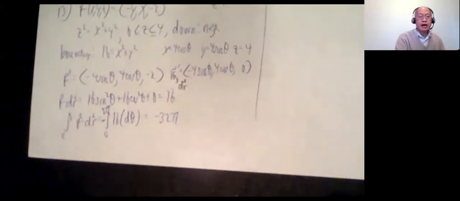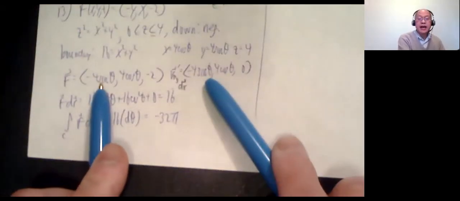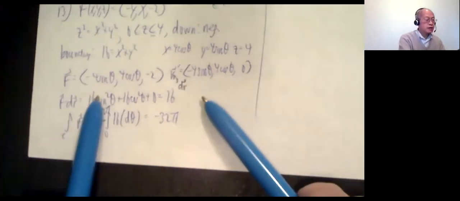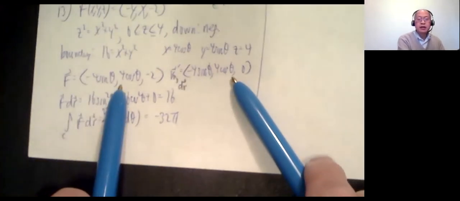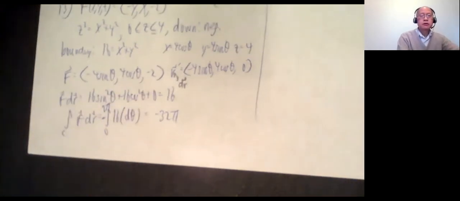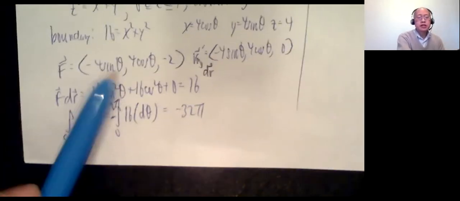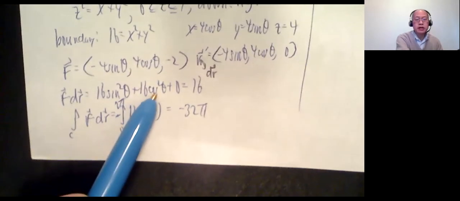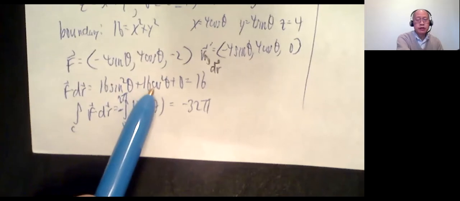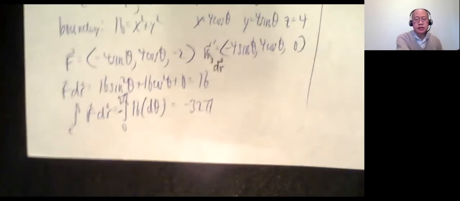Now I take the dot product: 16 sine squared theta, plus 16 cosine squared theta, plus 0. Factor out 16, and sine squared plus cosine squared is 1. So I'm integrating 16. Very nice.